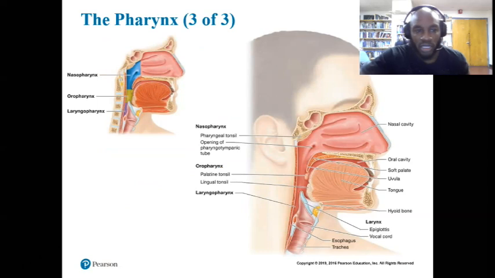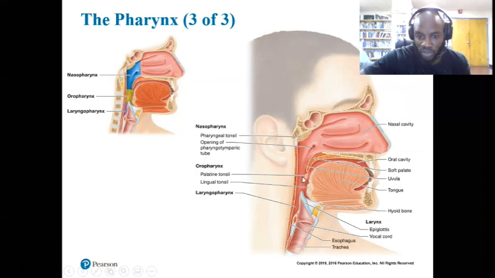All right, so look at this structure closely, and we see the nares, the nasal cavities, the nasopharynx, which is at the posterior region of the nasal cavities. We're still sort of above the mouth. Then the oropharynx, where food can come in.